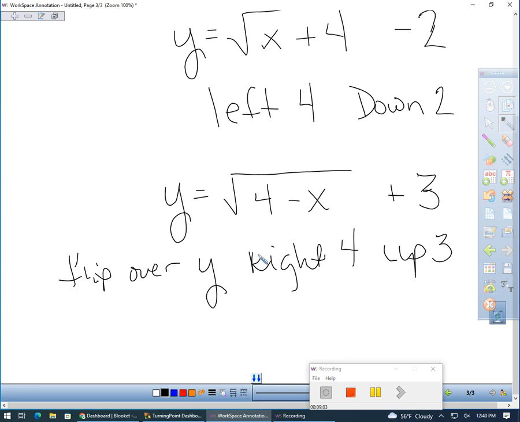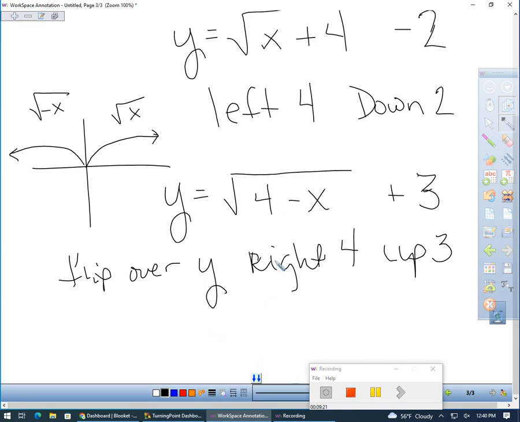How do you know it flips over y? Yeah, the x is negative. So instead, if I had the square root of x, that's just a graph that goes that way. If I have the square root of negative x, it's a graph that goes this way. All right, so those are pretty easy.